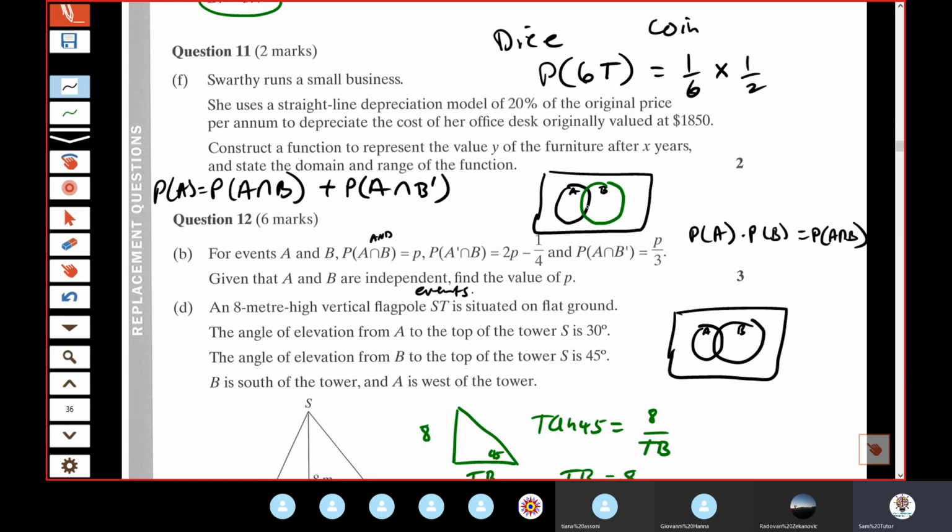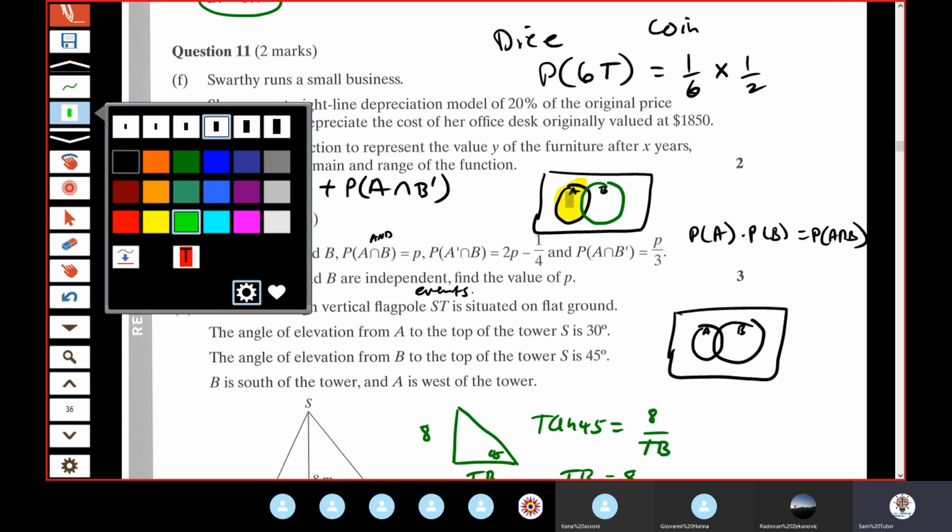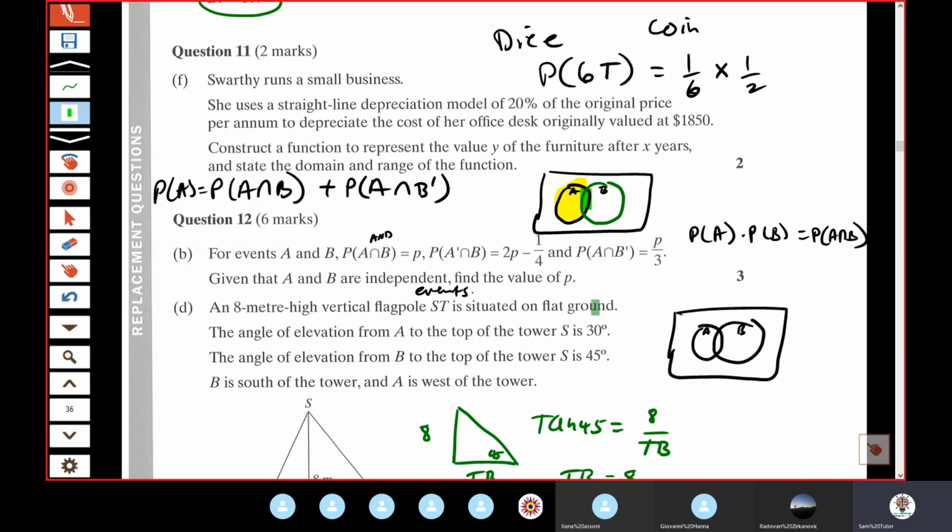Do you agree that would give me all of A, Giovanni? So let me highlight it. That bit there, plus where they meet. That is all of A. Do you agree?